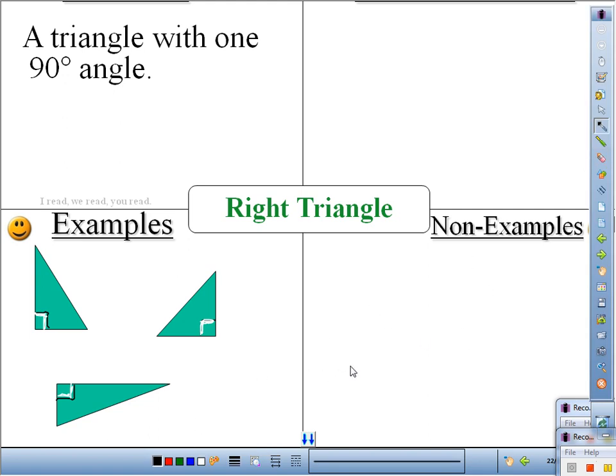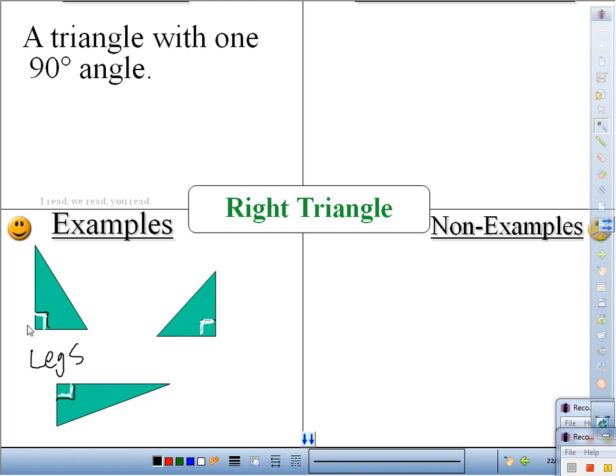Also, before I move on to the definition really quick, right triangles have 3 sides, but the 2 sides that join to give us the 90-degree angle are known as legs.